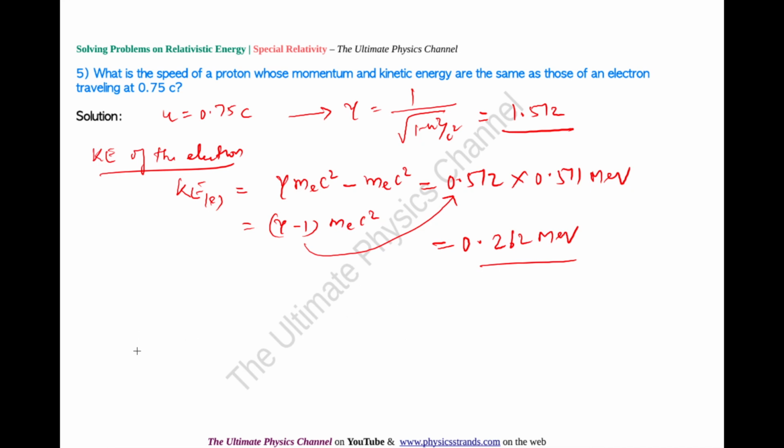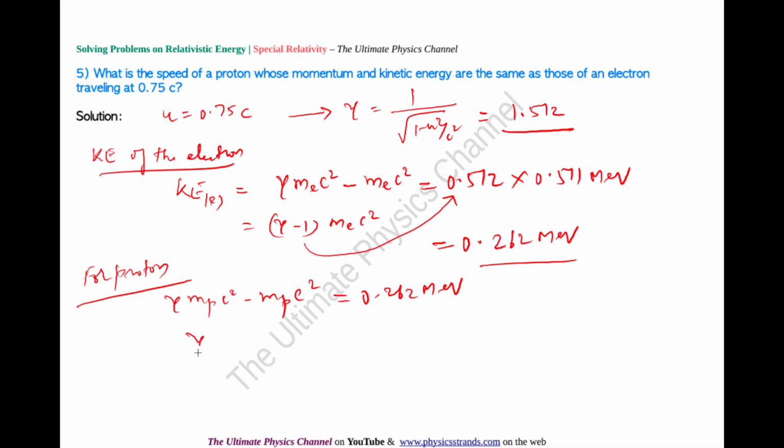Now the proton has the same kinetic energy, but what is its speed? That is the question, right? So for the proton, we have gamma MPC squared minus the rest mass energy of the proton MPC squared, and this is 0.262 MeV.